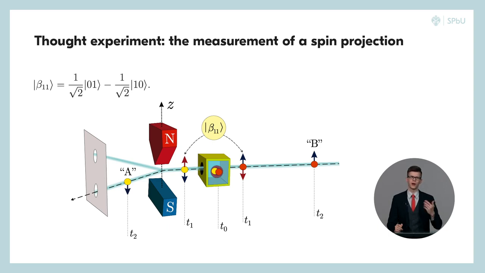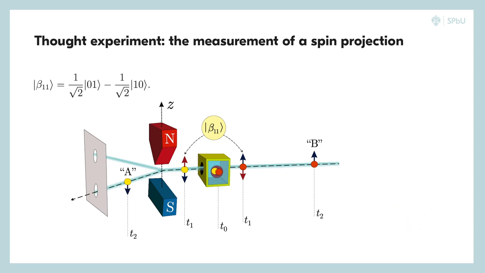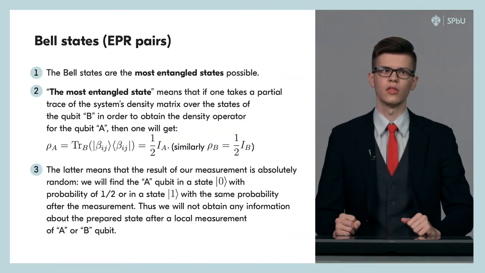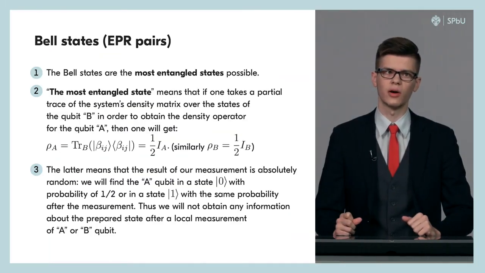So if one particle had the spin projection of +1/2, then the second one had the spin projection of -1/2. Similarly, one could set up an analogous experiment for a system prepared in another Bell state. In all these experiments, one will observe correlations between particle states. So, the Bell states are pure entangled quantum states of a physical system.